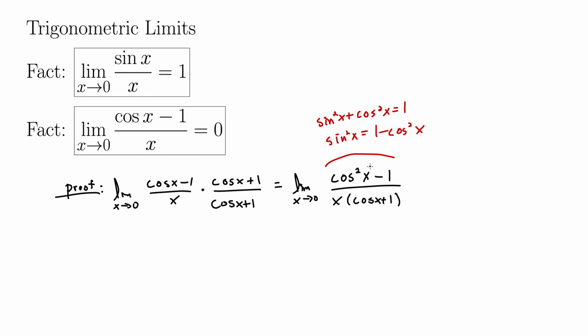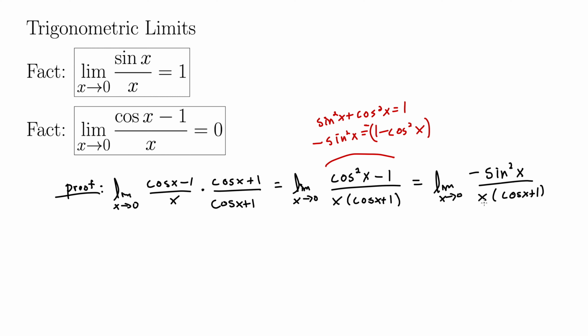So what that tells me is that cos squared x minus 1 must be negative sine squared x, if we put a minus in front of all that. So we have the limit as x goes to 0 still. You have to keep writing that until you actually evaluate the limit. All of that on the top becomes replaced with negative sine squared x, all over the bottom, still hanging out, x times cos x plus 1.